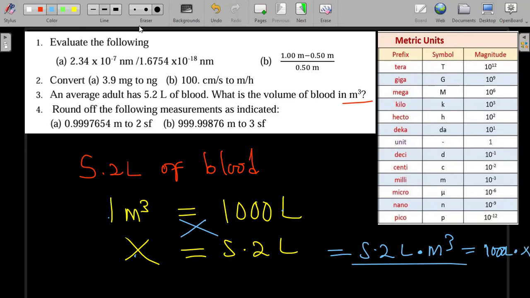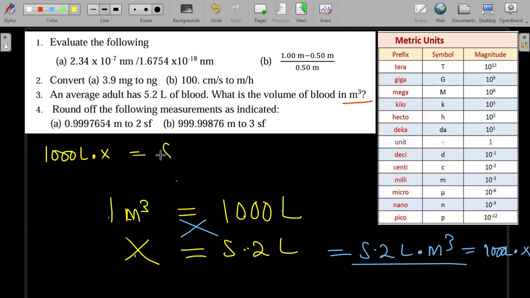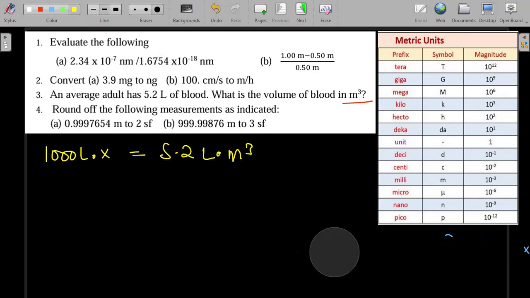Maybe I should write it on top here. When I multiply x by this, I'm just going to get 1000 liters multiplied by x is equal to this multiplied by this. I got 5.2 liters multiplied by cubic meters, like that. So this is what we have. From here, we want to find the value of this x.